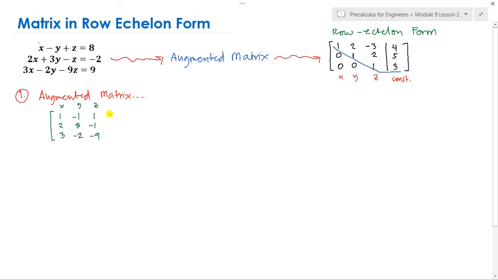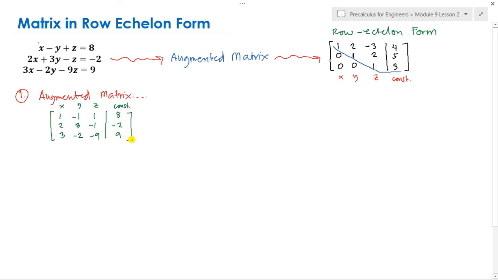And as what I have told you, sa augmented, para ma-differentiate na ang constant, butangan og bar. Butangan og bar, then i-list na nimo ang constant dire. Dapat ang constant naka-isolate siya sa right side. So for constant, i-list nimo, that is 8, negative 2, and 9. Close na siya.